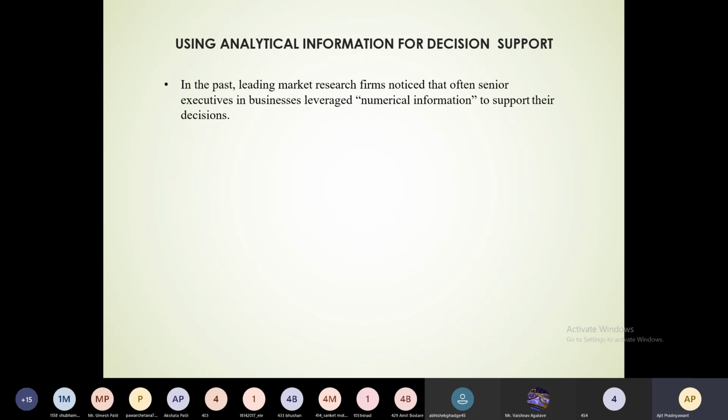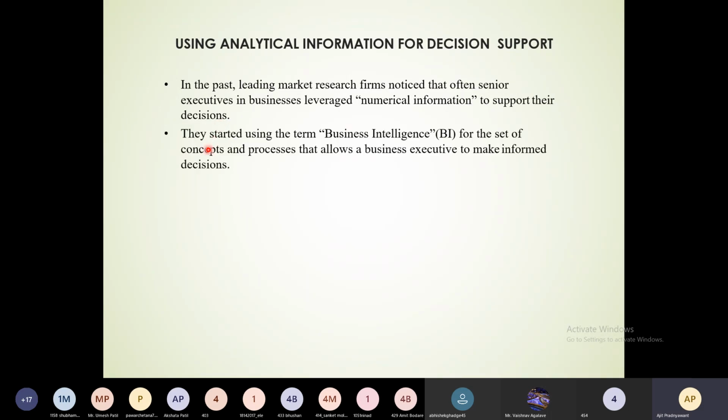In the past, leading market research firms noticed that often senior executives in the business leveraged numerical information to support their decisions.